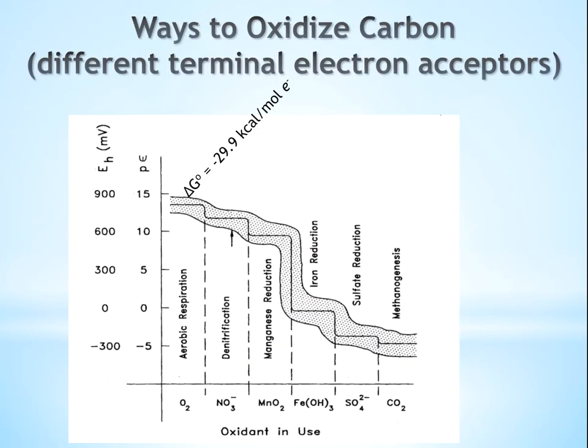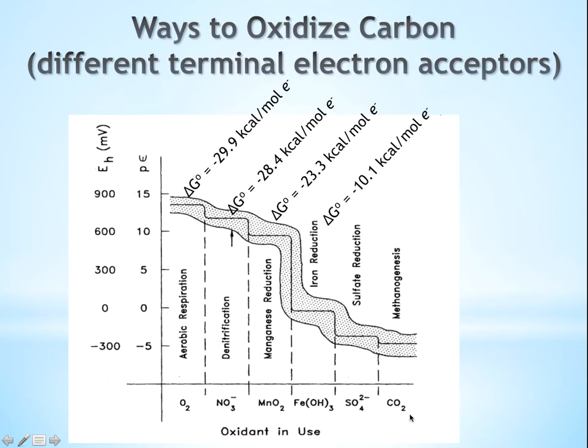In some cases, you may have a more reducing environment where you don't have any oxygen available, so you use nitrate as a terminal electron acceptor. And you can see that you get less energy from doing that. The same is true when you start using these other terminal electron acceptors as you go on down and get into a more and more reducing environment.